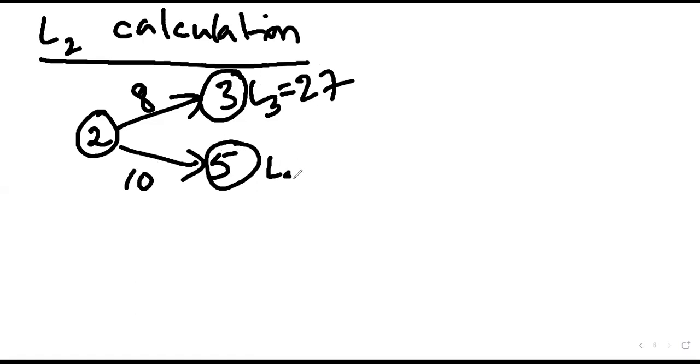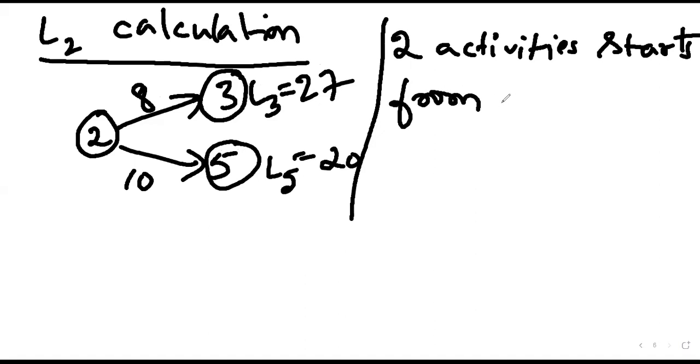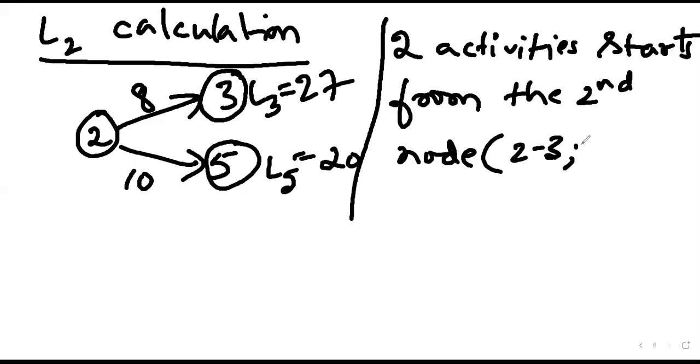L5 is 20. So two activities start from the second node, they are 2-3 and 2-5.